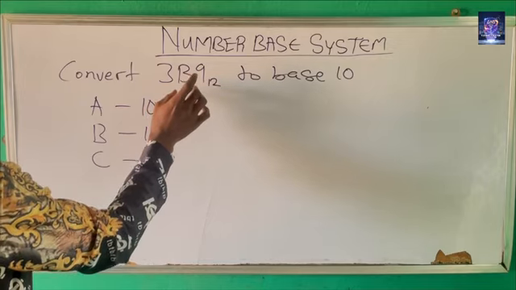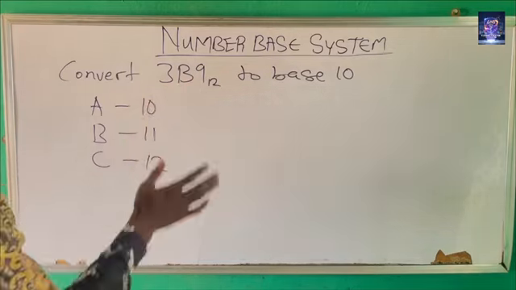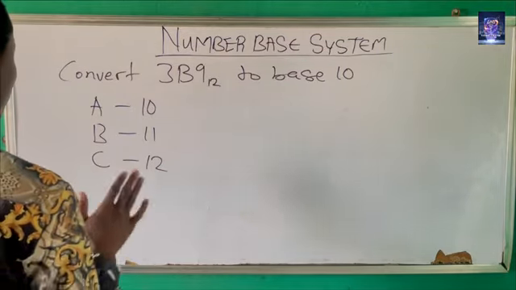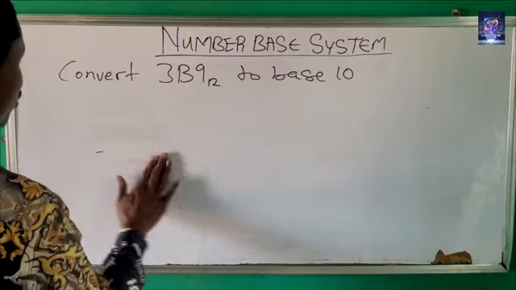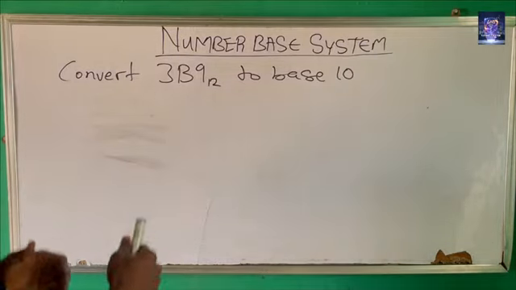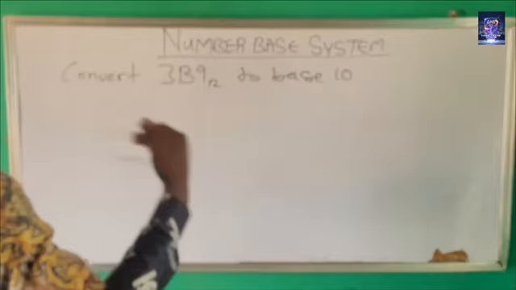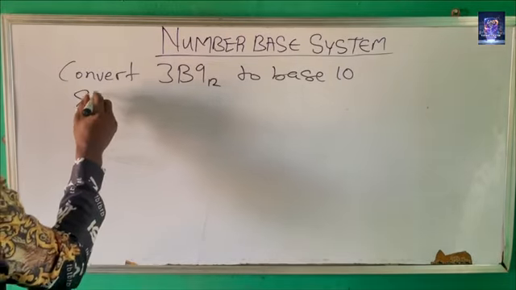Do you understand? So we can't afford to write 11 here. Rather, I would write B to represent 11, meaning we are talking about just one value. That being said, just bear in mind that A represents 10, B represents 11, C represents 12, and it follows in that order. Alright, so let's solve this.